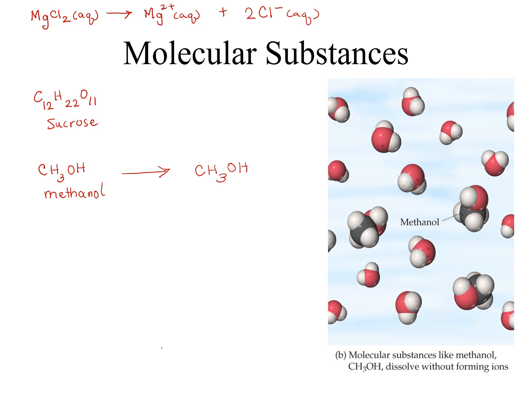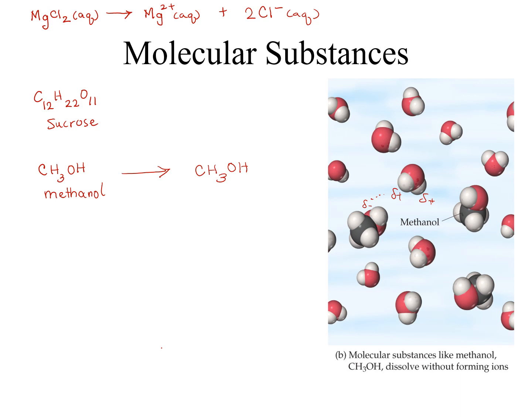And water's positive ends start interacting with the negative ends in this molecule. The oxygen in methanol is slightly negatively charged. So they interact with water, they separate from each other, but as they dissolve, they're not going to break down into carbons, hydrogens, and oxygens.